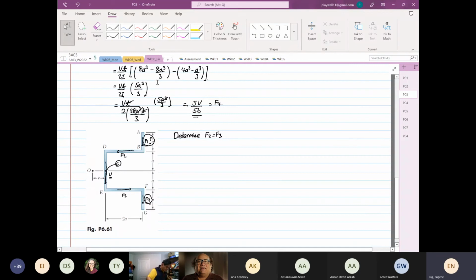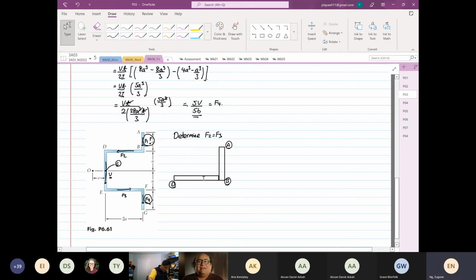So I will sketch out again. So now we have our point A to point B, and we would like to see how to find from point B to point D.